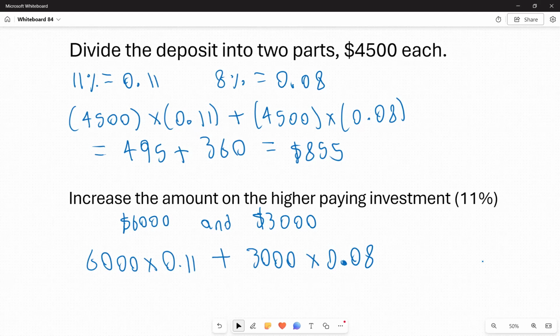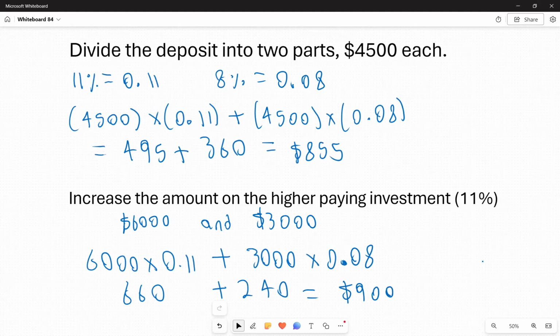So in order of operations, we first do the multiplication, and then we do the addition. 6,000 at 11% is going to be 660, and 3,000 at 8% is going to be 240. So that is going to be 900. We're still falling short, so we'll keep increasing.